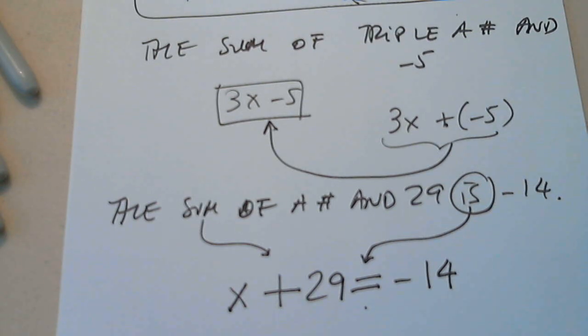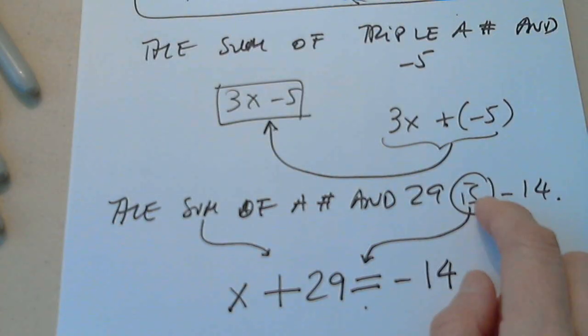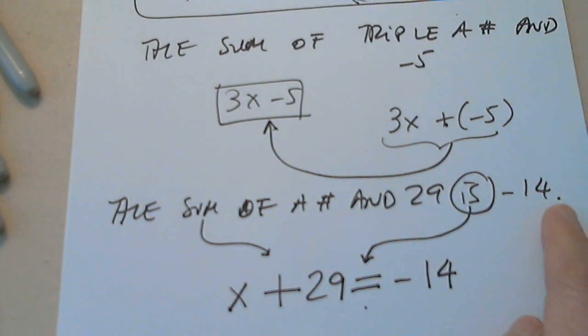Again, the sum of a number and 29 is -14.